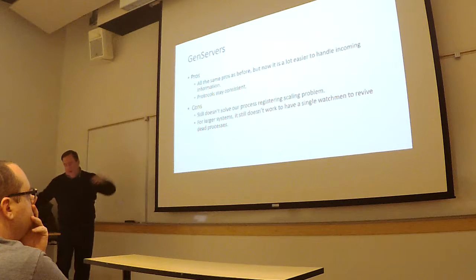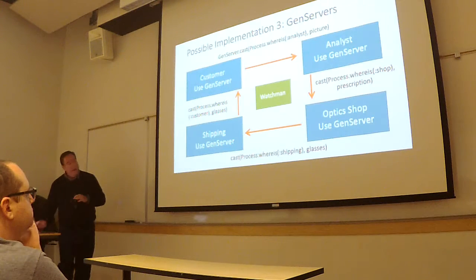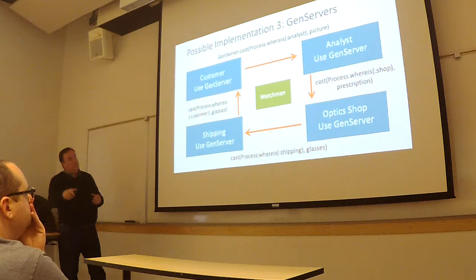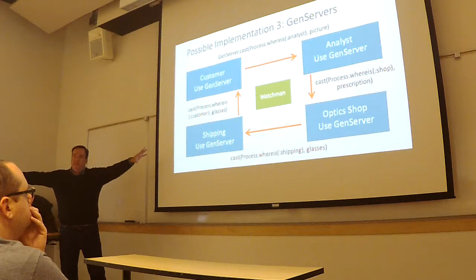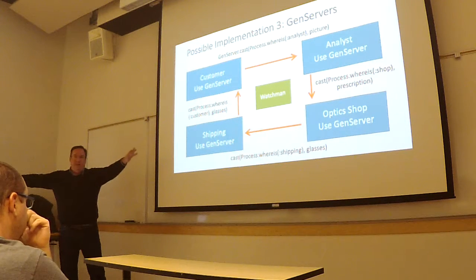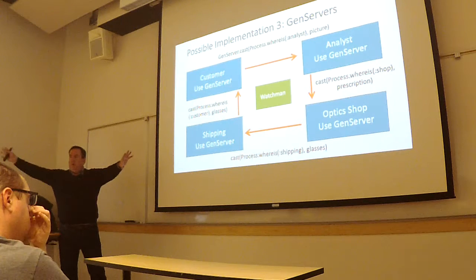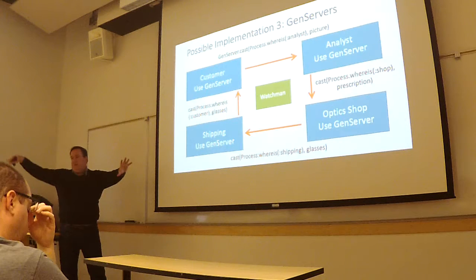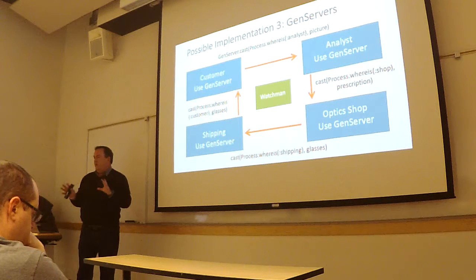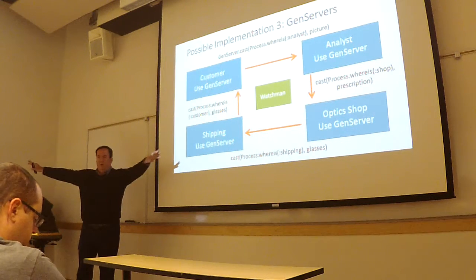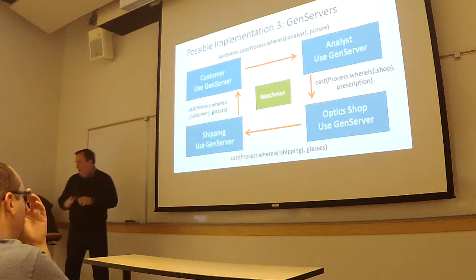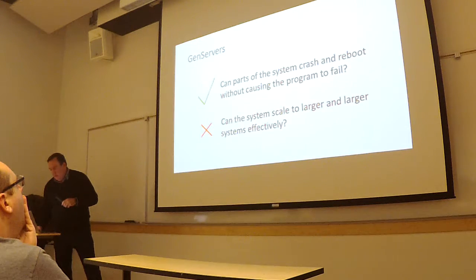And again, one other thing that we haven't talked about, having a single watchman for an entire 100,000 process system is not really that feasible. Especially if I want to start creating some new subsystem. I can't just handle things locally. I've got to register all that with the global watchman. Okay.